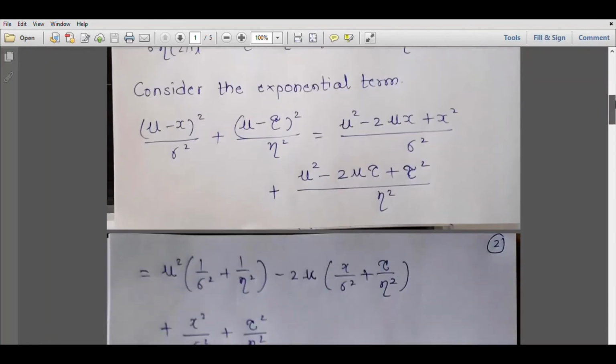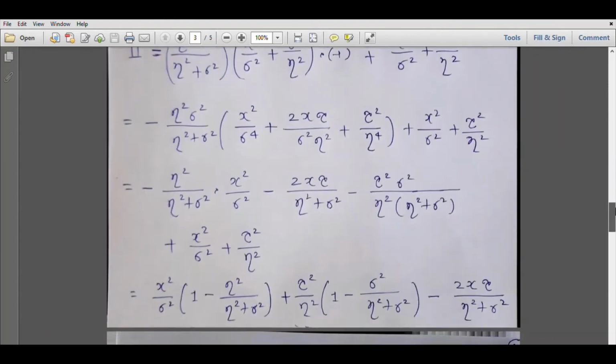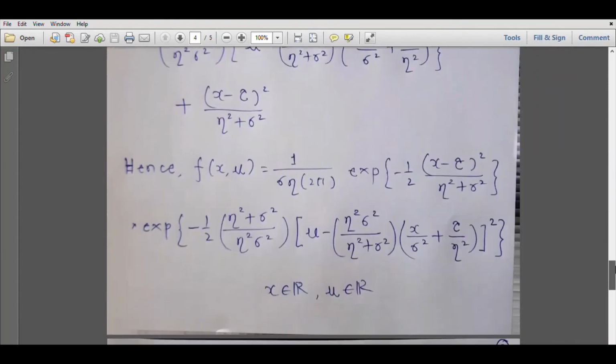So we get the joint density of x and mu like this. After some little adjustment, we can write this as a product of two normal densities. Now you may wonder how it can be done.